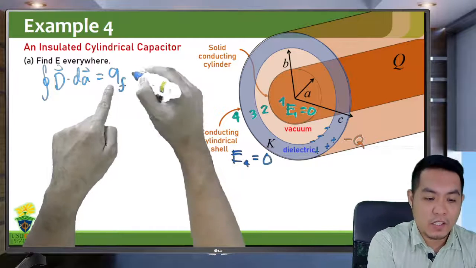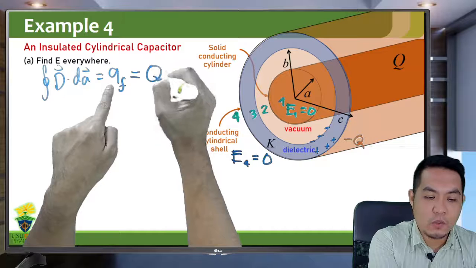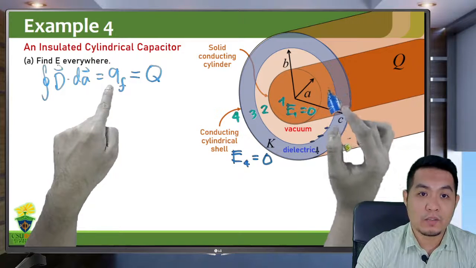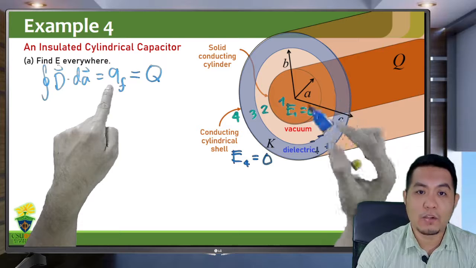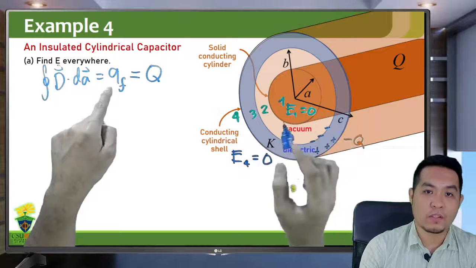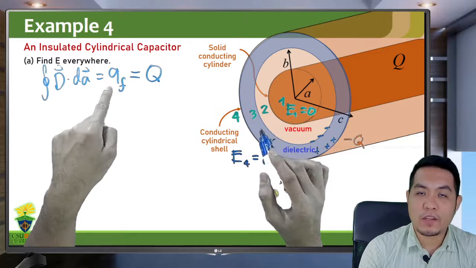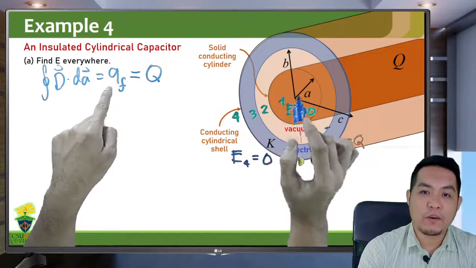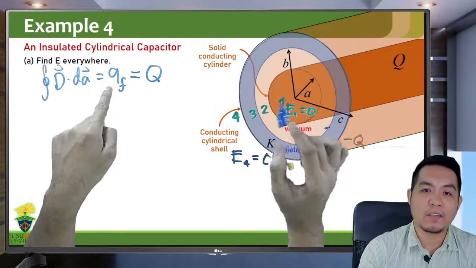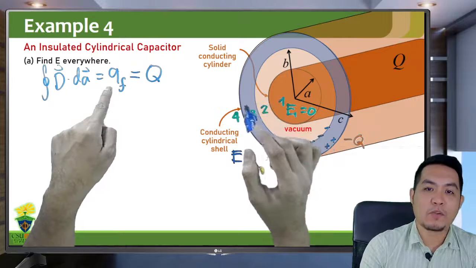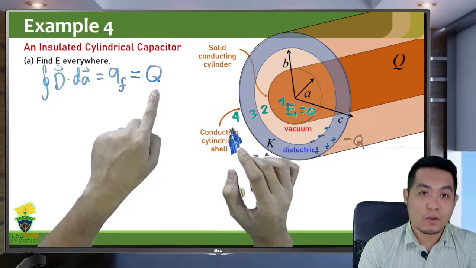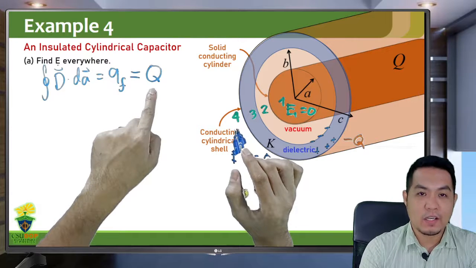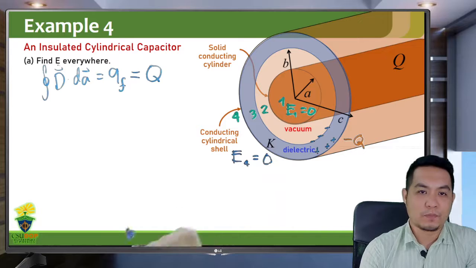The free charges will always be due to the conductor here, the solid conducting cylinder. Take note, free charges are only from conductors. So since region 2 and region 3 have no free charges, the only free charges can only be found in the solid conducting cylinder, then a Gaussian surface in region 2 and region 3 will result in having a free charge enclosed of positive Q or Q.